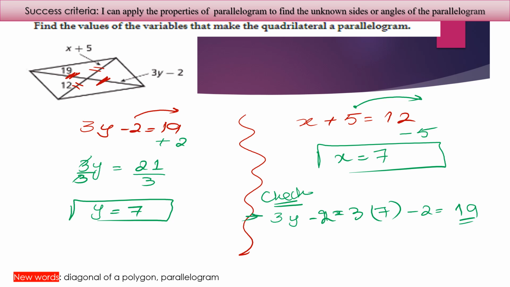Similarly, let's check the other part, that is x plus 5. Replace x by the 7, which is the value here. So 7 plus 5 equals to 12. So you can see that in the diagonals of a parallelogram, the halves of the diagonals are equal to each other.